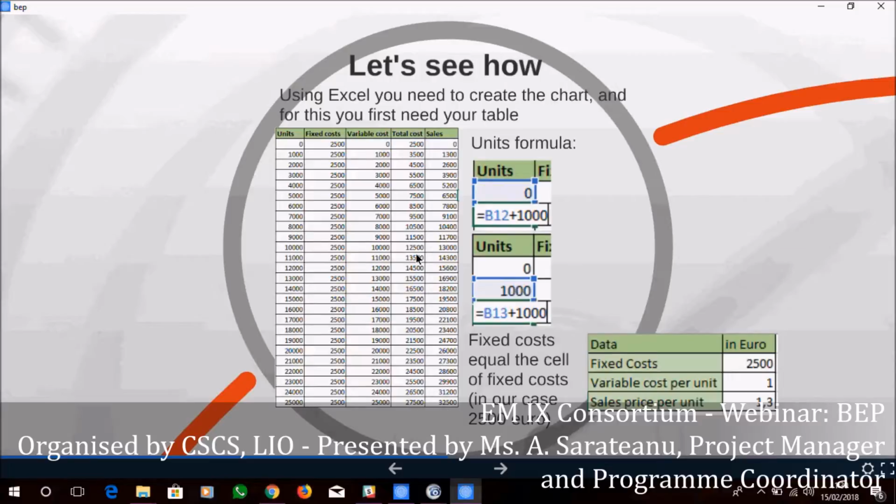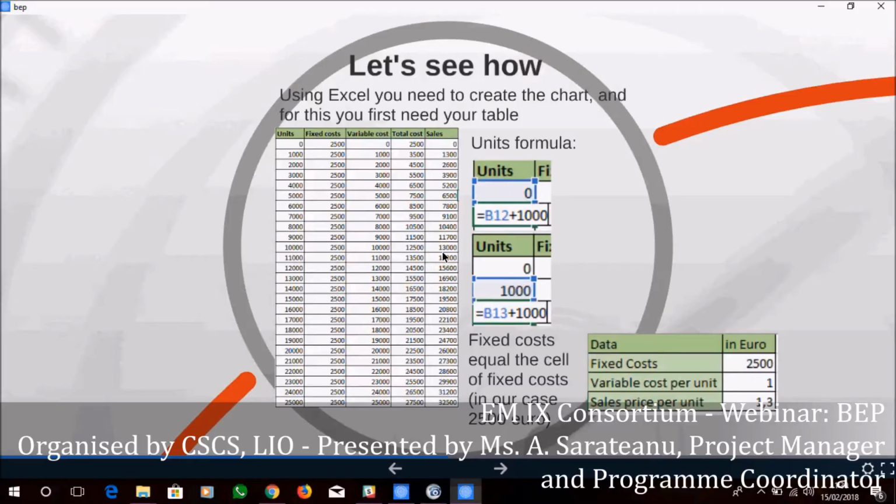As soon as there is a positive difference between sales and costs, your company is already earning. So either you approach this by units, or by euro, by the currency. It could be euro, it could be dollars or whatever. There's a certain point when you understand that you are making profit.